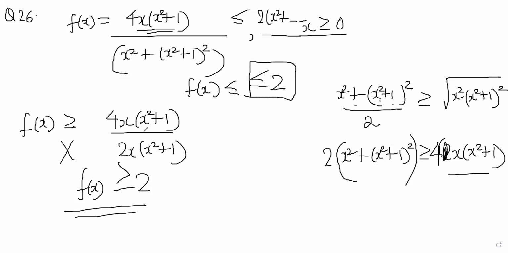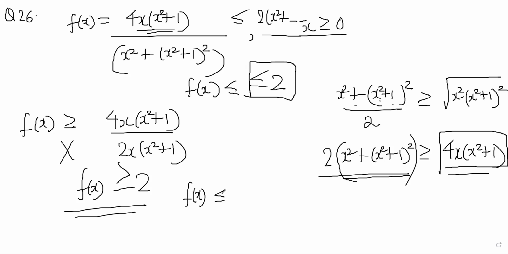Maybe I have put it wrongly here. I think we are getting f(x) is less than or equal to 2 from AM-GM. Think about what I have done. This should be 4x(x square plus 1), which is less than or equal to this. So in the function itself, you can write f(x) is less than or equal to 2 times (x square plus 1) whole square divided by (x square plus 1) whole square.